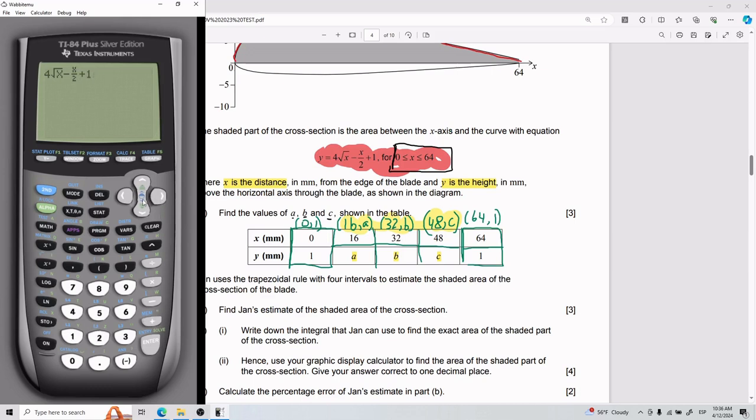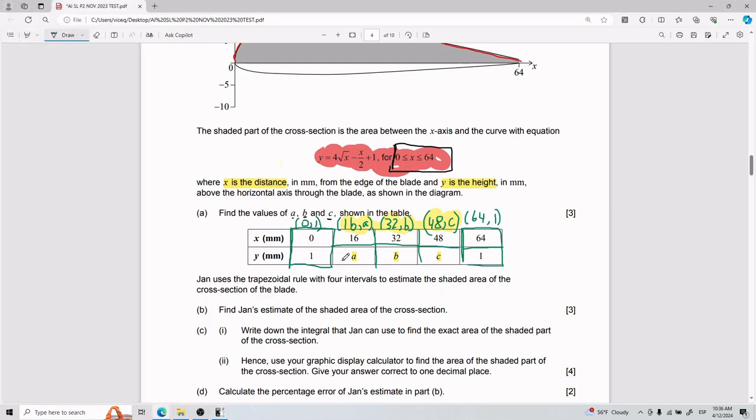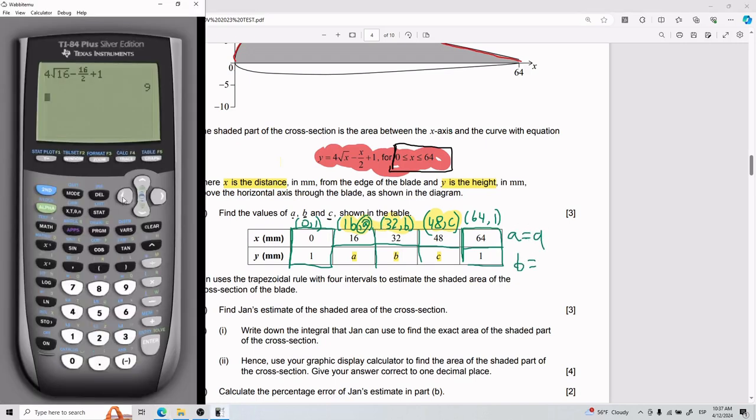And so all you have to do from here is plug in the different x's. For this first point, we're going to put 16 for x, and we're going to find that this is my value for A. And so A equals 9. For B, we need to plug in 32. So I'm going to take the same equation and put 32 instead of 16.